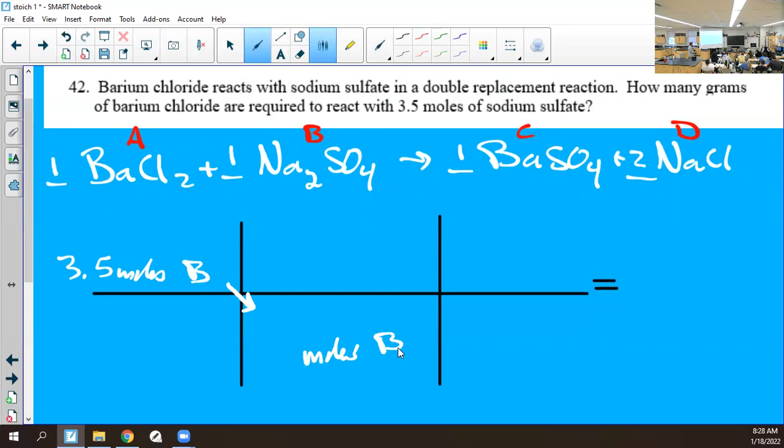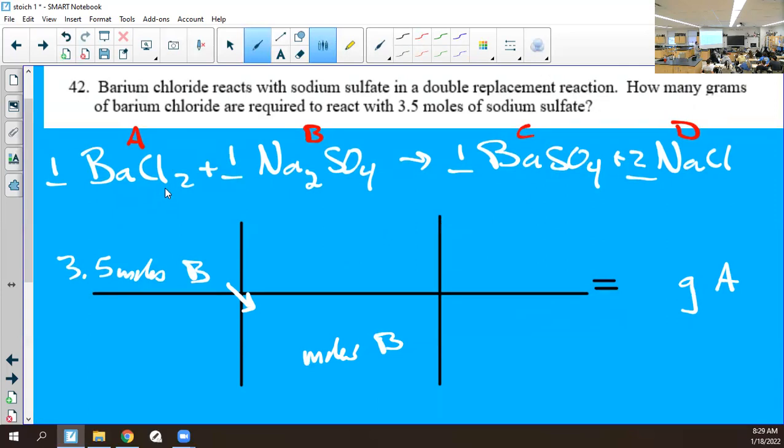Fair enough? Okay, now this is where I'm stuck. I don't know exactly what goes here, and I don't want to guess. I want something to tell me what goes there. So I'm going to go to the end, and it wants how many grams of barium chloride. So I'm solving for grams, and I'm just going to stick with barium chloride being A. You okay with that? So grams of A. Anytime I write A, it's representing barium chloride.